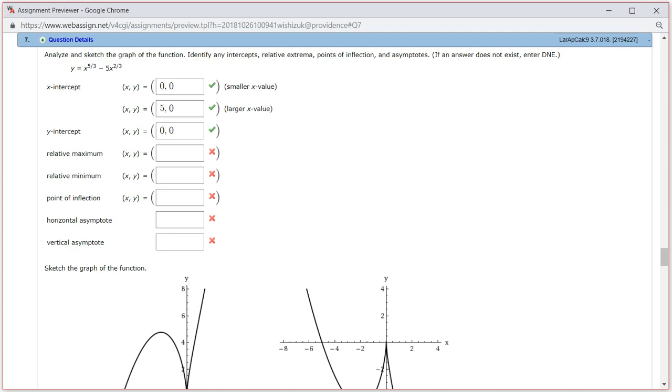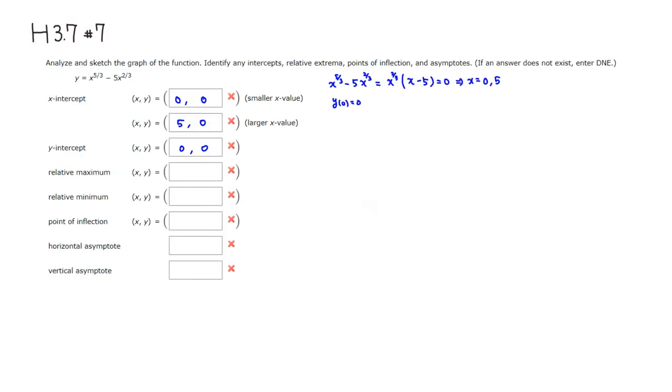Let's find the local max and local min. Take the derivative so that we can find the critical numbers. So y prime is equal to 5/3 x to the, subtract 1 from the power, 2/3 power. And then negative 5 times 2/3 is 10/3, then x to the, subtract 1 from the power, negative 1/3.